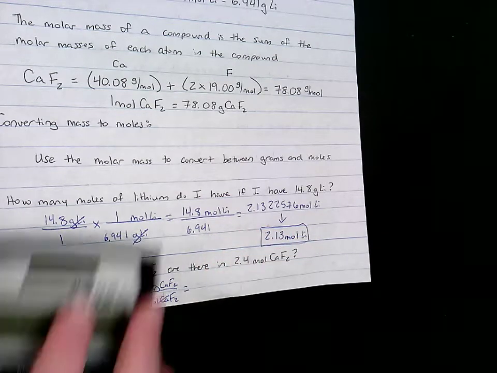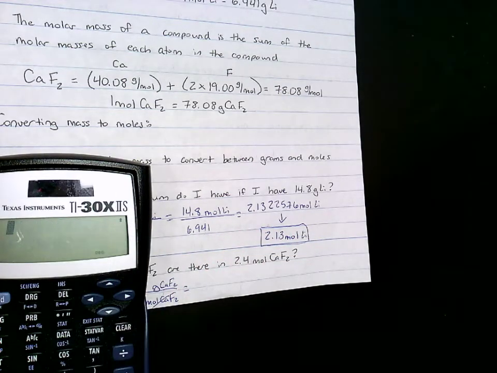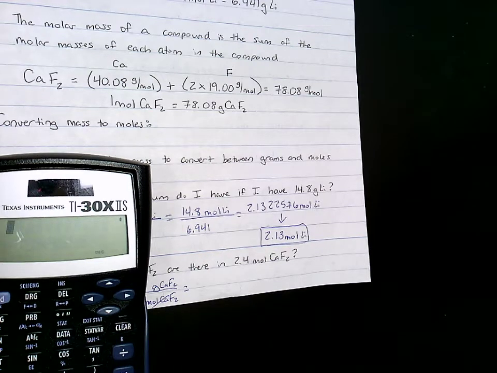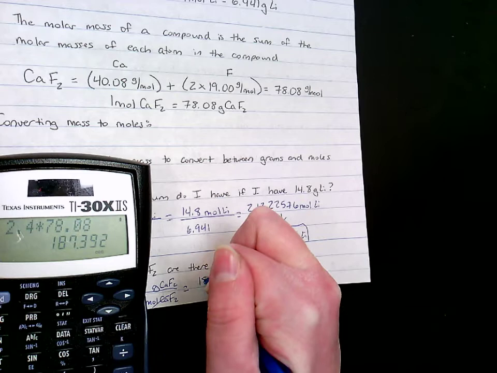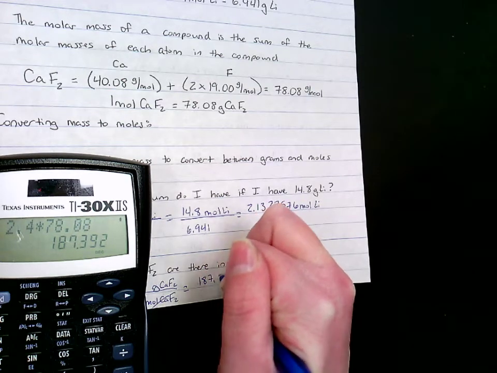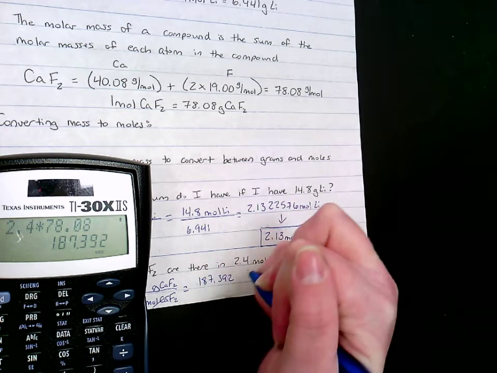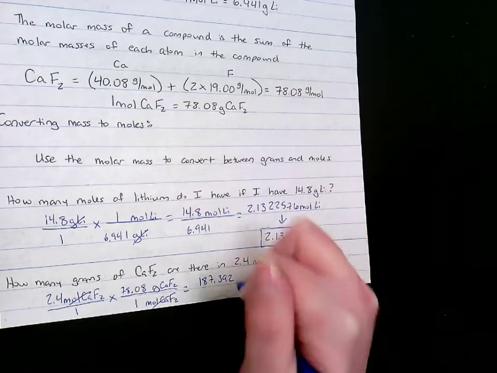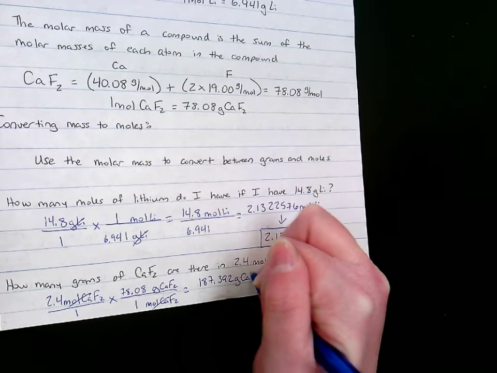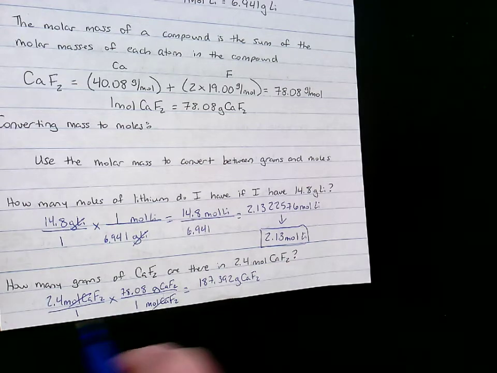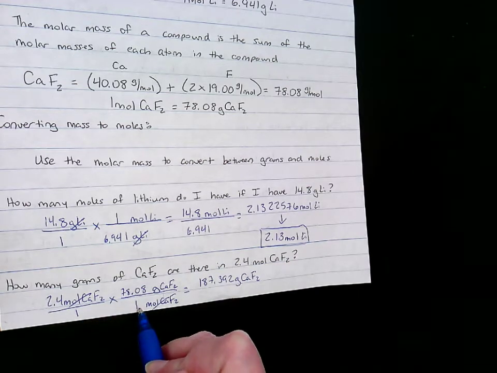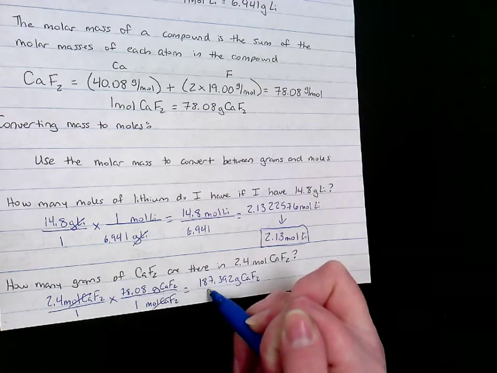So 2.4 times 78.08 gives me 187.392, and I still have my unit grams of calcium fluoride, and 1 times 1 gives me 1, and anything divided by 1 is itself.